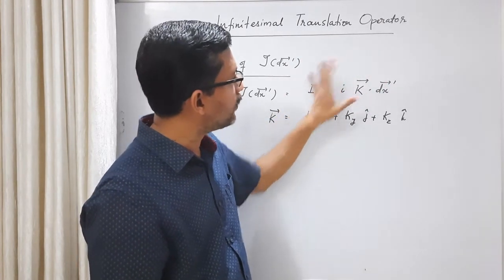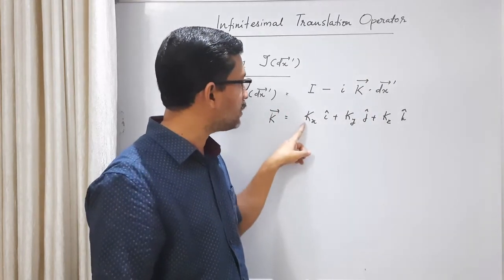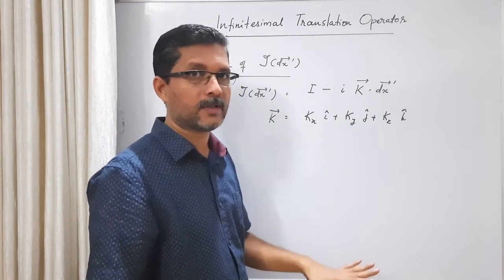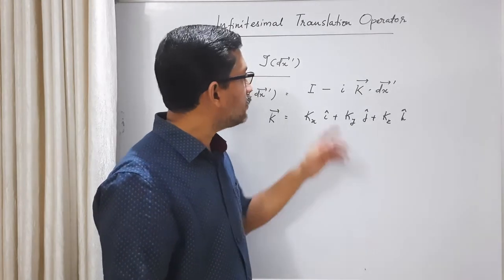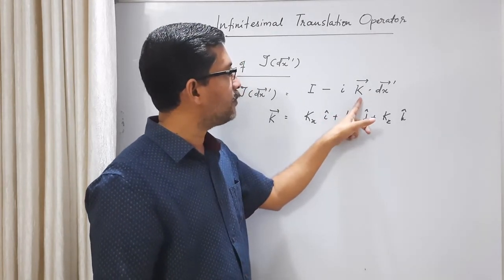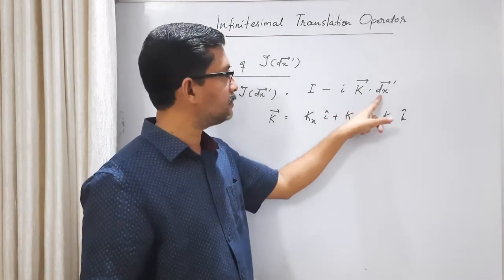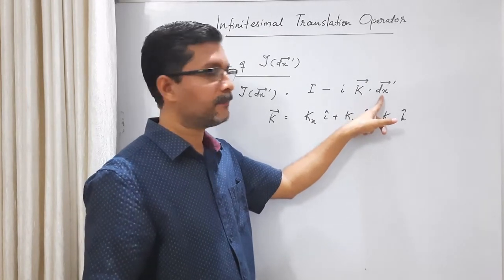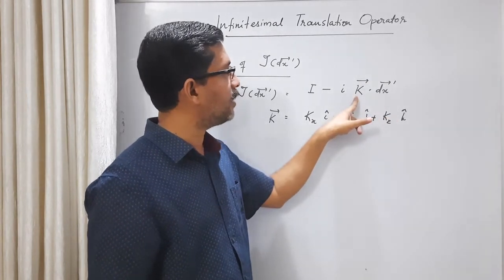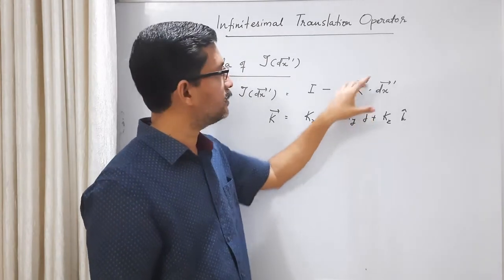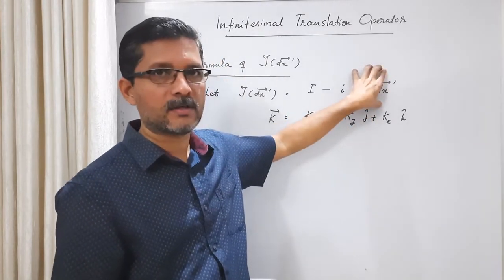So this is a Hermitian operator with these three components. Each of kx, ky, kz is an operator. And further, this operator has the dimension of 1 by length, since dx' is a length, a displacement, so that this entire term is dimensionless.